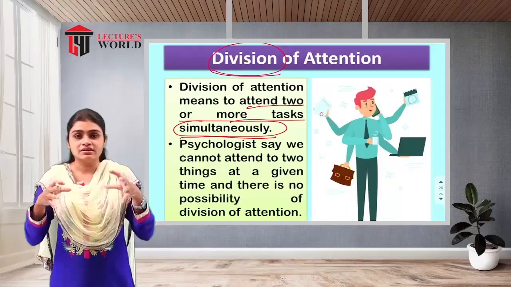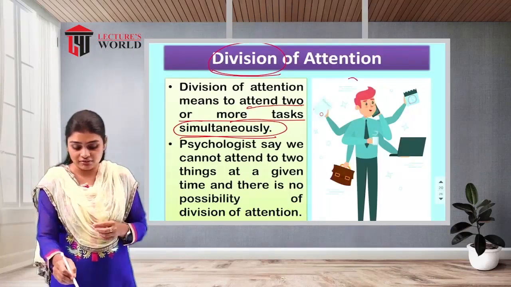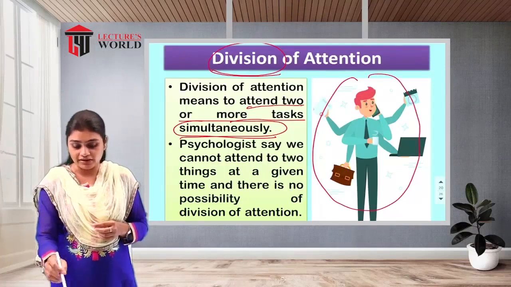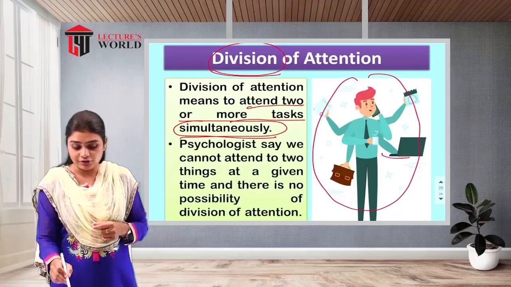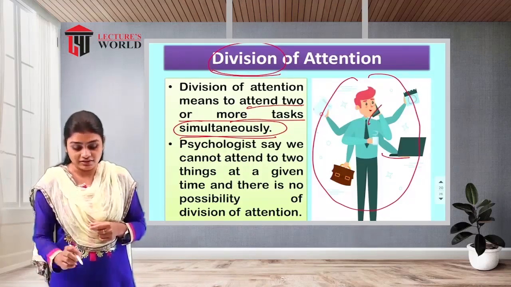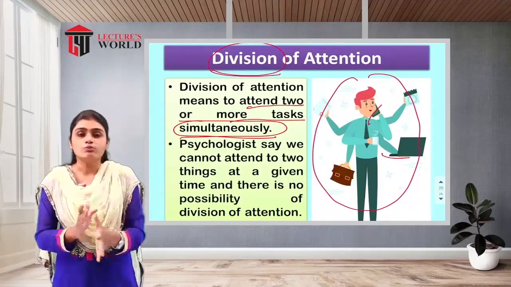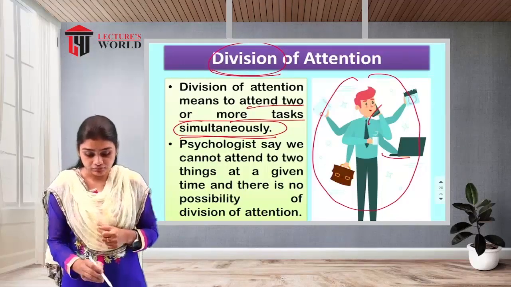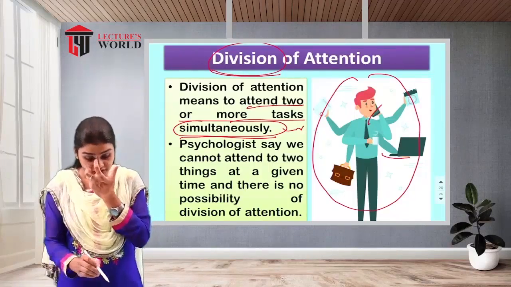You can see in this image, this man is doing so many activities at the same time: driving, working on a laptop, talking on a cell phone, or any other assignments. So that is division of attention, dividing our attention on more than two things at the same time.